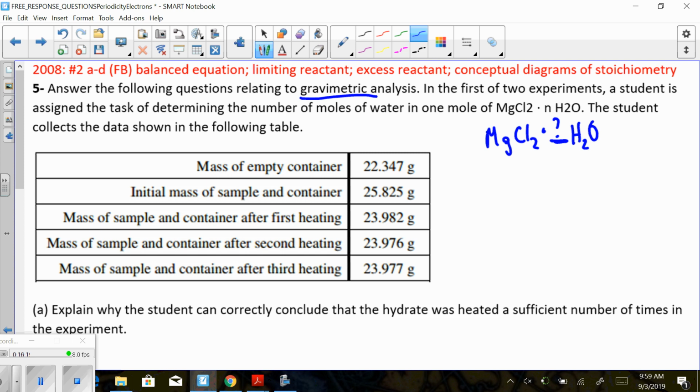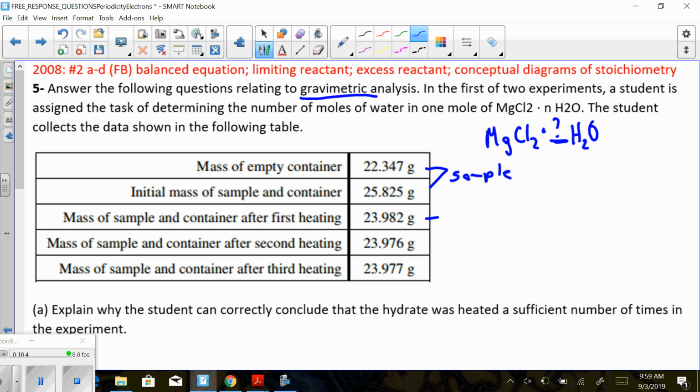And so the student got the mass of their empty container, and then they put their sample in. The difference between those would be the mass of the sample. Now, if you look, this is the mass of the sample and container after the first heating.